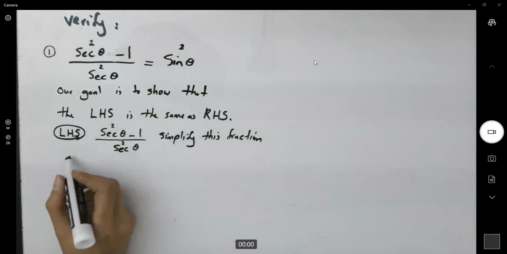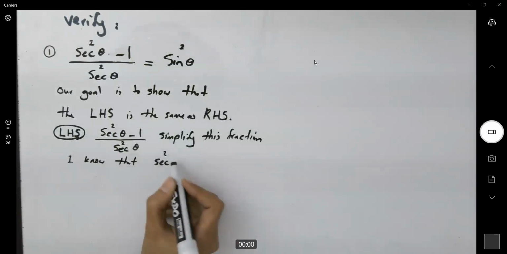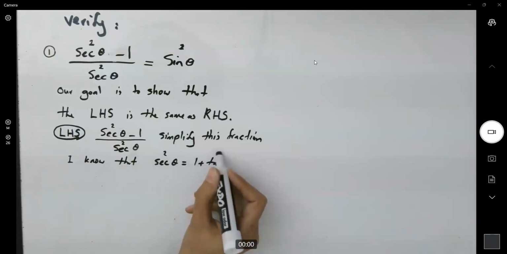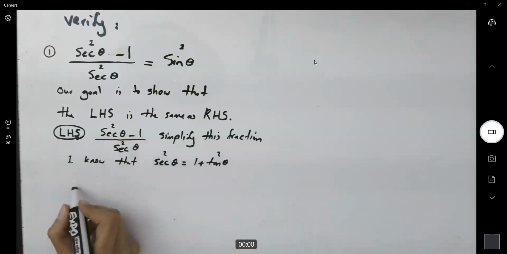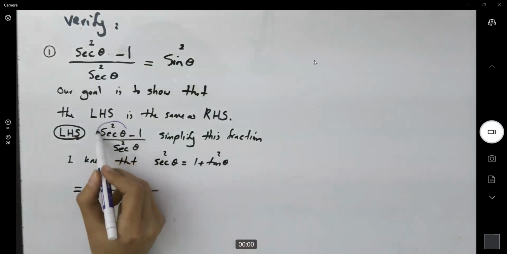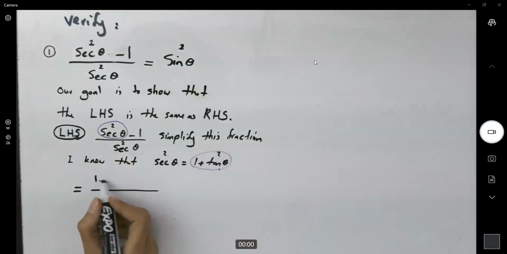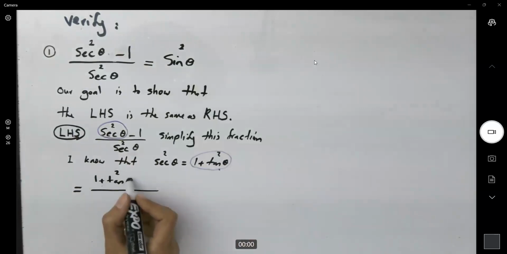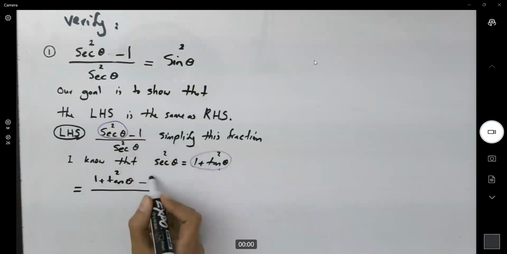Or you might say that I know that secant squared of theta is 1 plus tangent squared of theta. So instead of secant squared in my numerator, I'm going to write 1 plus tangent squared of theta, and my numerator already has a minus 1.